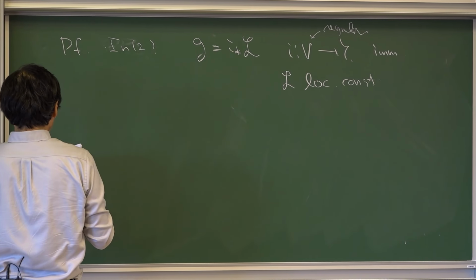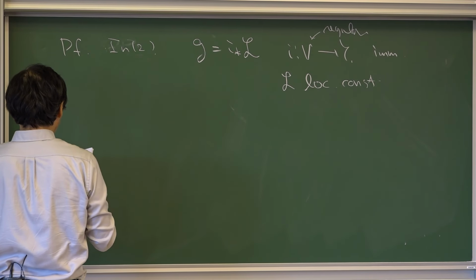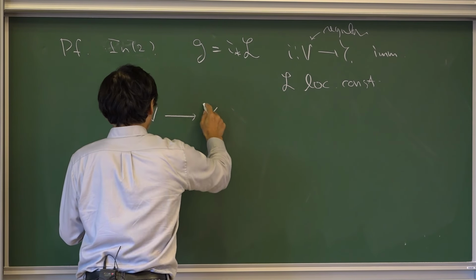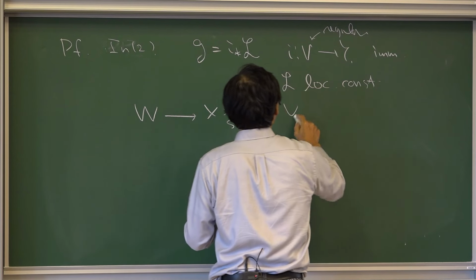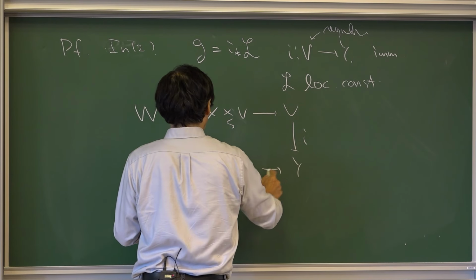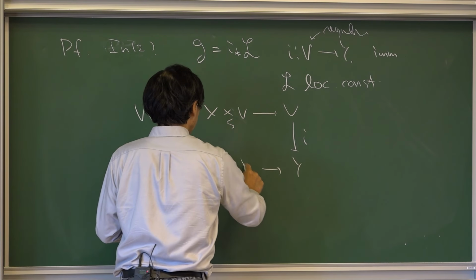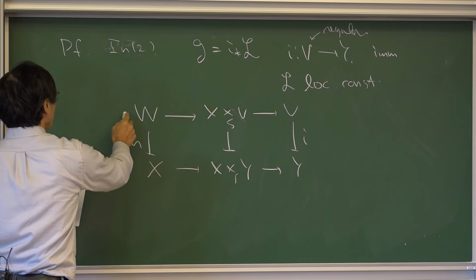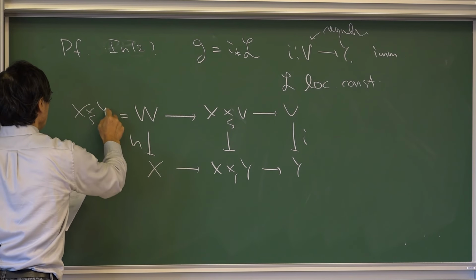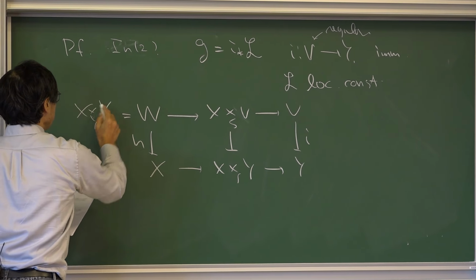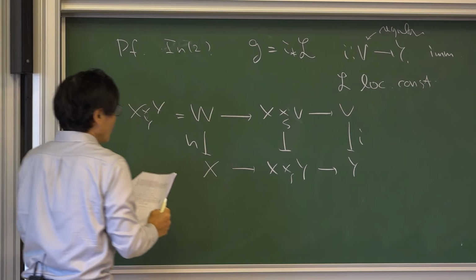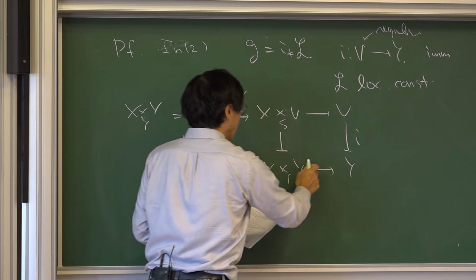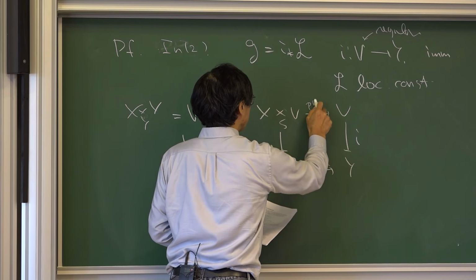Now we consider a Cartesian diagram. W is X cross S V. So this is our gamma, and let's call this gamma prime, and they are just projections.